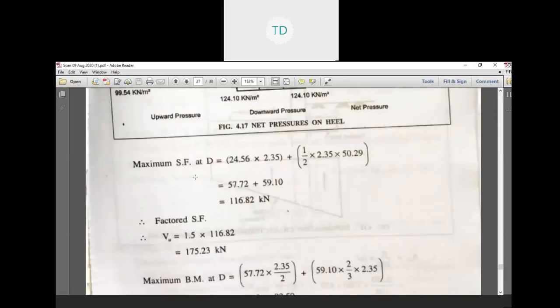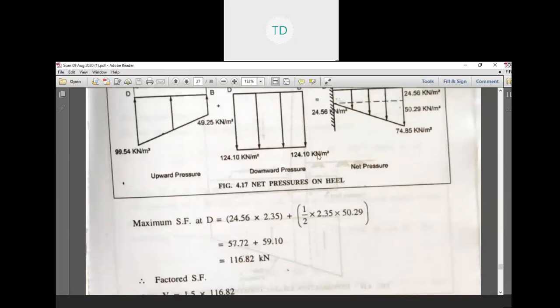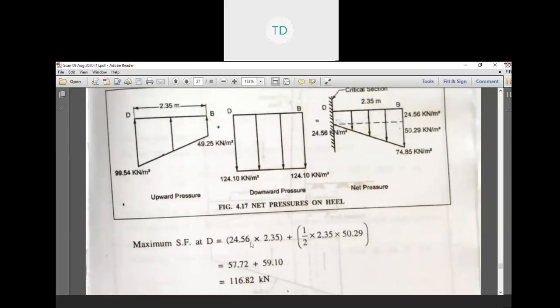Maximum shear force at D is calculated from this equation: 24.56 into distance plus total UDL, one half into W into L, where L is equal to 2.35 and W is equal to 50.29.